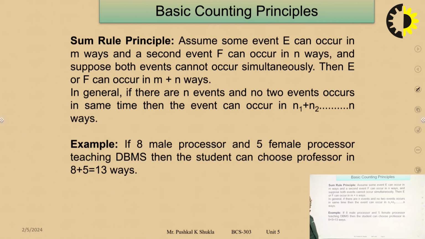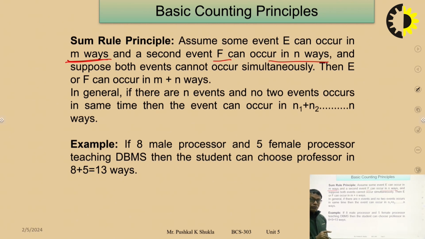Basic counting principle. Now come to the basic counting principle. Suppose an event E can occur in M ways and event F can occur in N ways, and both events are exclusive, not dependent on the other.